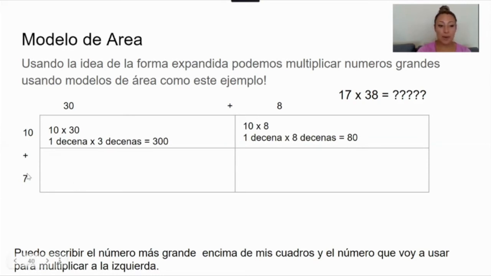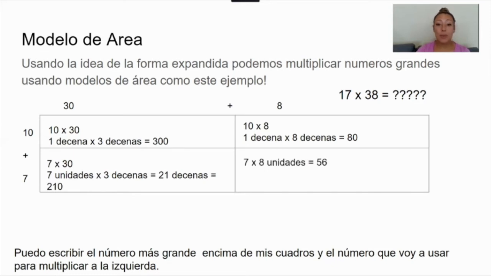Luego me muevo abajo y uso el número de abajo, 7, multiplicado por los números de arriba. 7 multiplicado por 30 o 7 unidades multiplicado por 3 decenas. Eso me da la respuesta de 21 decenas o 210.